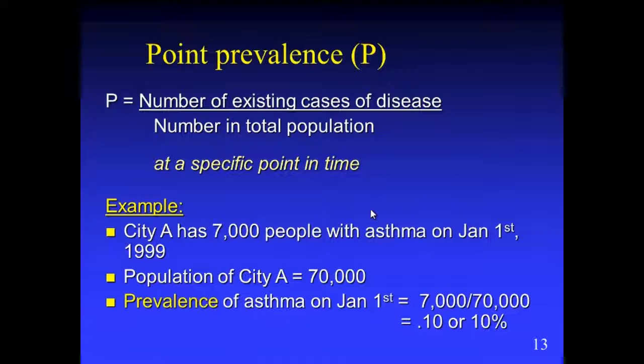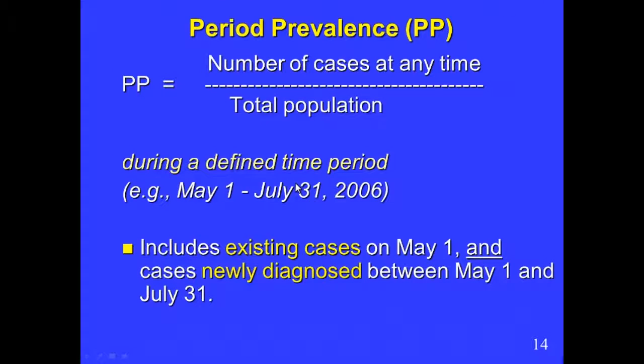So first of all, point prevalence is conceptually fairly straightforward. It's the number of existing cases divided by the number in the total population at a point in time. And so we have an example there of asthma: 7,000 people with asthma in a population of 70,000 on a particular day, and that gives a prevalence of 10%, which is not unrealistic for asthma in some populations.